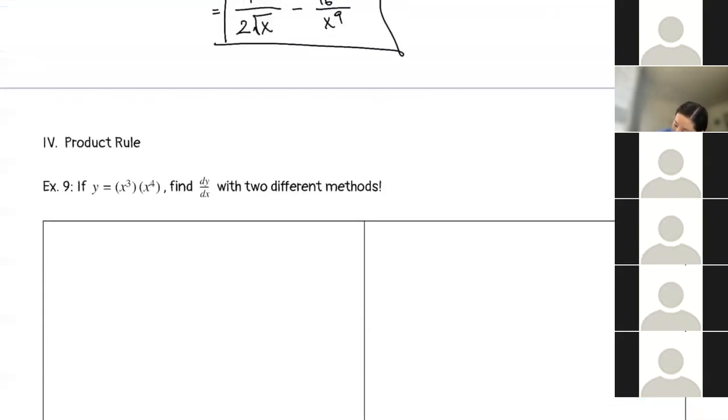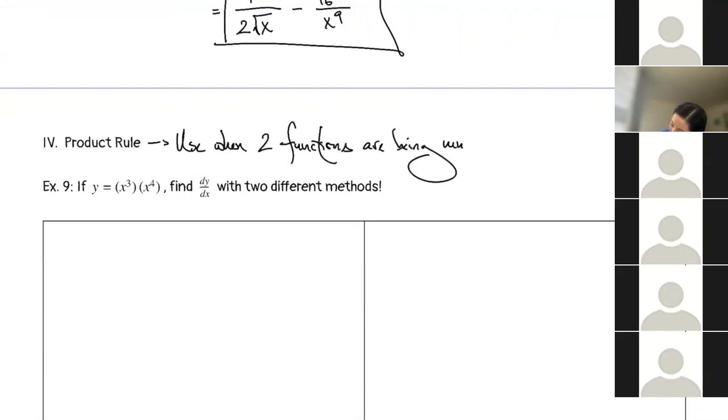When you are multiplying, if you don't use the product rule, you're not doing it correctly.